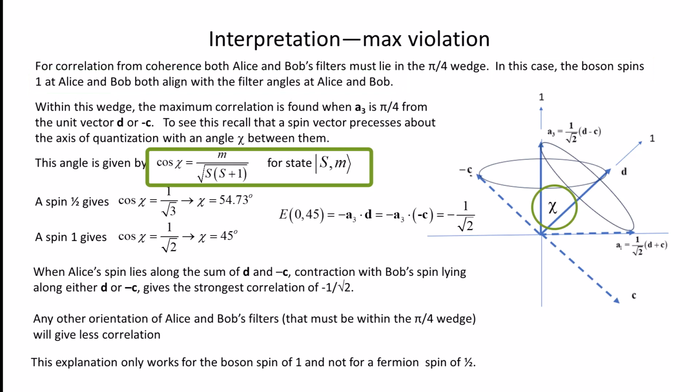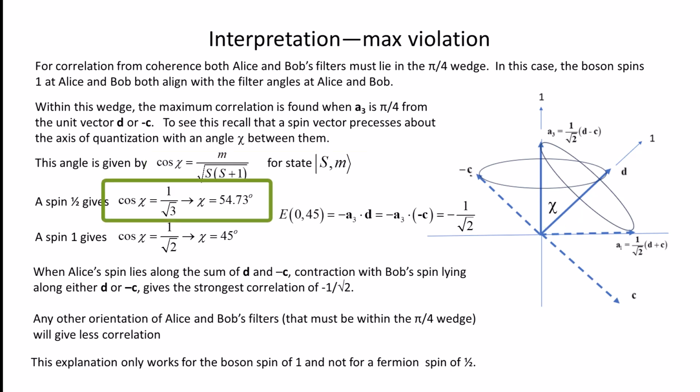Note that quantum mechanics tells us that a spin vector makes an angle with respect to the filter orientation and precesses about it. This is the formula in terms of the magnetic quantum number m and the spin quantum number s. For a spin 1/2, the angle is given by 54.73 degrees, which is also called the magic angle.